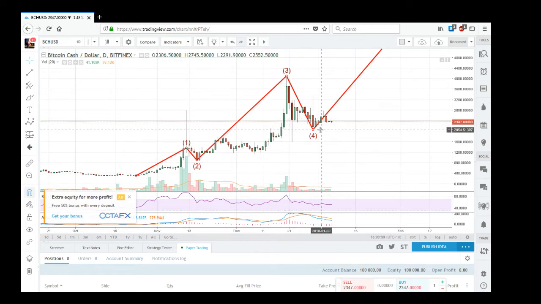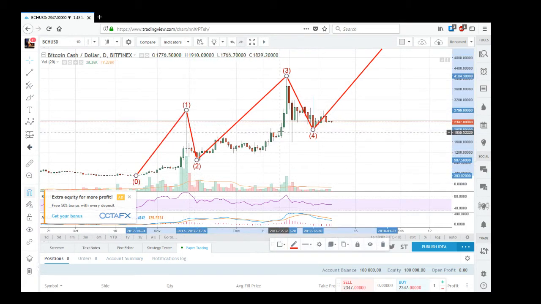This one shouldn't really be moving into the territory of this first wave here, because it starts to cause problems with the evaluation when you use other tools. If you're putting it up here, you can see that 4 has actually moved into this territory and is about halfway down. You're not going to be able to get a good reading when you combine that with Fibonacci and other readings.